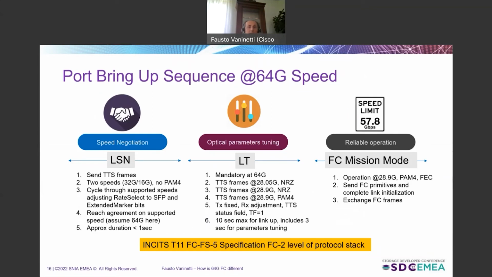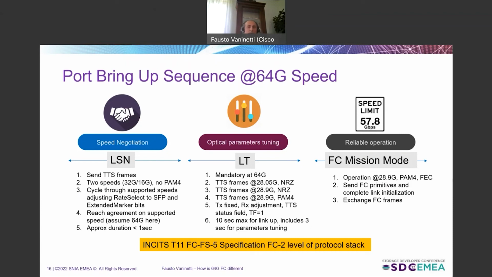The power bring up sequence at 64 gig fiber channel is a lot different than what it used to be at 32 gig fiber channel and previous speeds. I will not really go into the details because it's quite complicated, and the standard specification is very long in describing the whole new process.